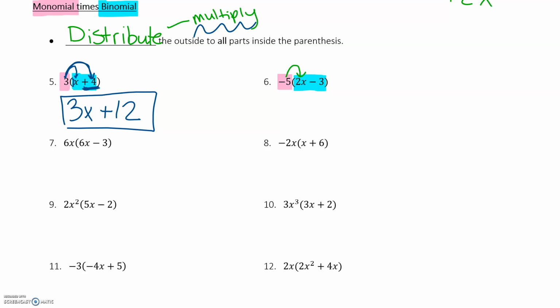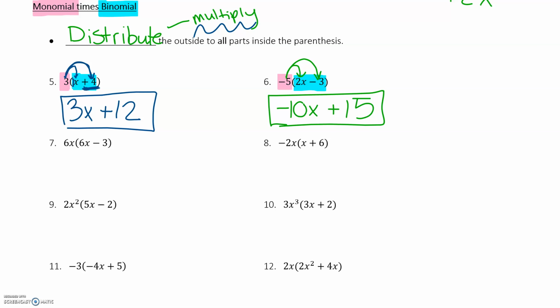So negative 5 times 2 is negative 10, and an x and no other x is just x. Then we also need to take the negative 5 and multiply it by a negative 3. Oh, be careful. A negative times a negative gives us a positive. 5 times 3 is 15. So we get a negative 10x plus 15.